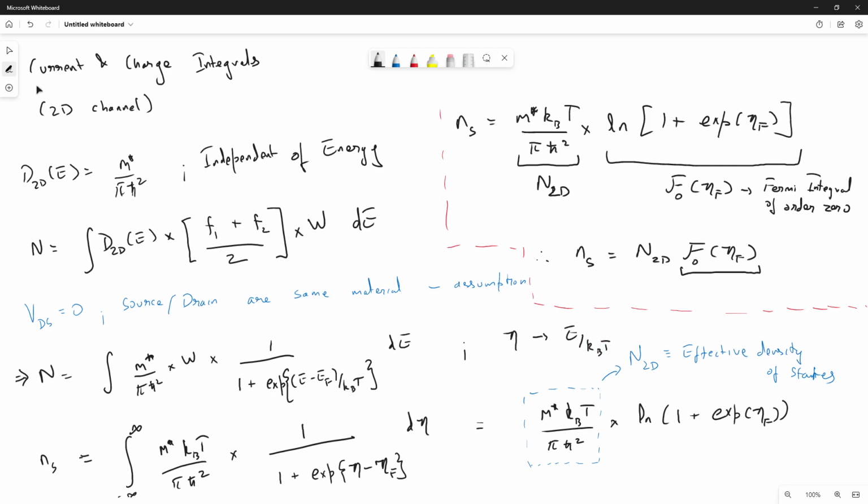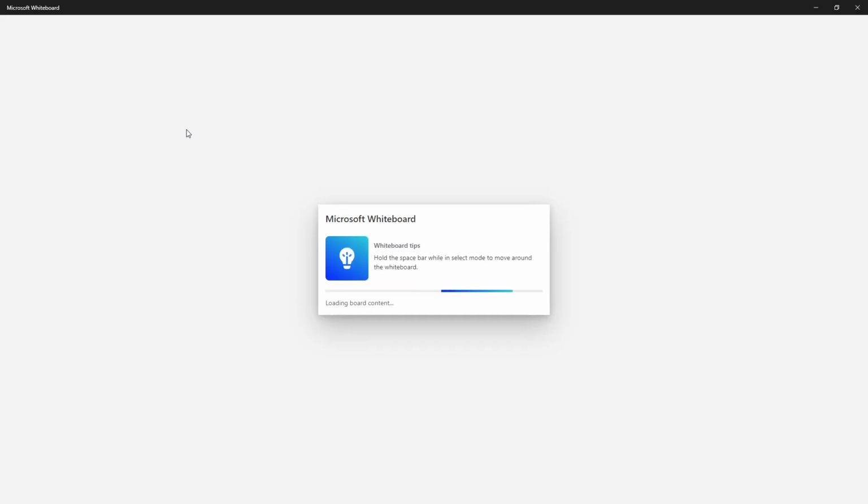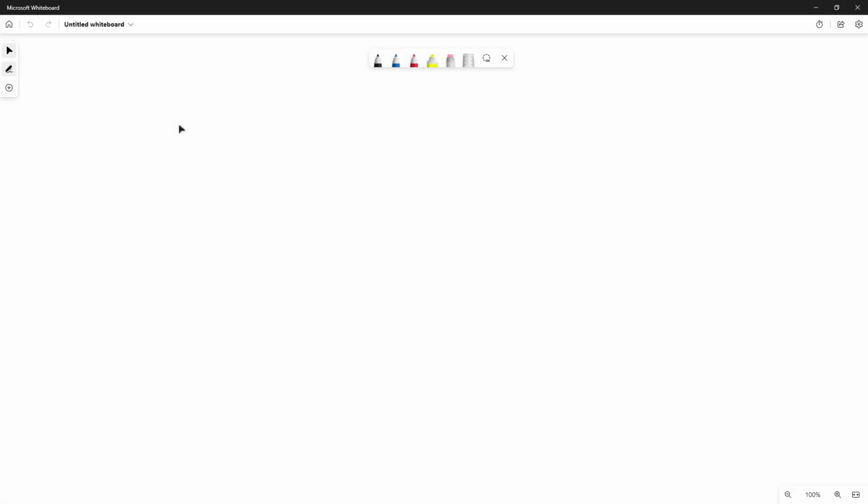Okay. So now this is the charge integral. Let us also look at the current integral. And then we shall look at arguably the most important quantity for this week's discussion, and then we will switch over to some conceptual discussions also.